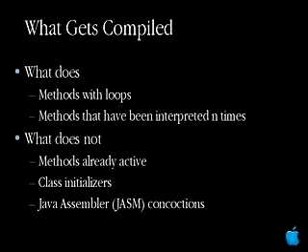Those are the two primary triggers that determine whether something gets converted to native code. A method that has a loop may get executed once in the interpreter, but on each successive time it may get converted to native code and run as native code.